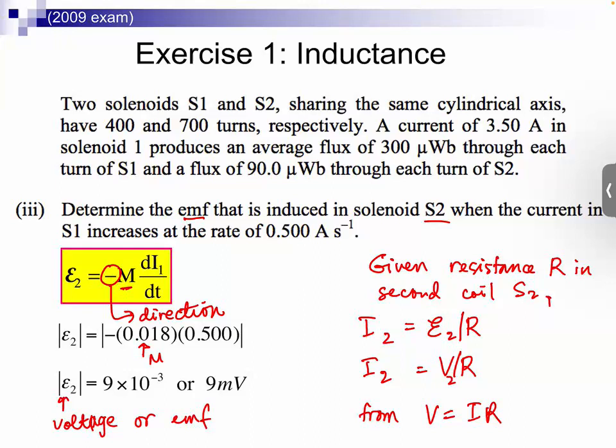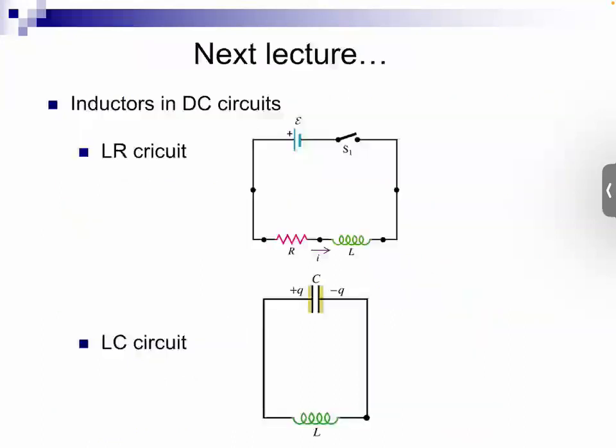Any questions about the exercise or the solution? I hope the concept of the inductance makes sense. It's essentially a property of the inductor that opposes any change in current or voltage in a circuit.